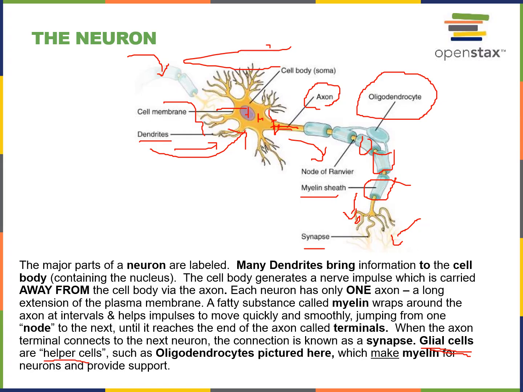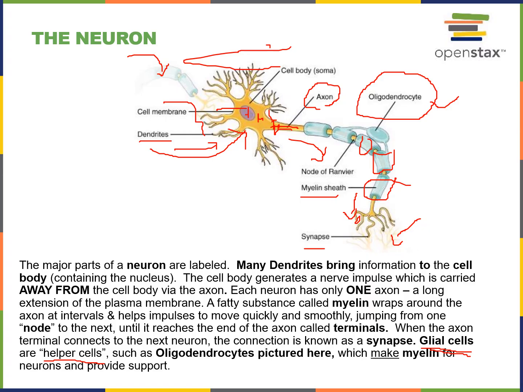They support, protect, nourish. I think of them as like parents. That's their job, is to make sure that these neurons remain very healthy. So that's what this specific oligodendrocyte does. There are other types of glial cells that work like a phagocyte. They clean up the environment where the neurons are and make sure that it's always healthy.